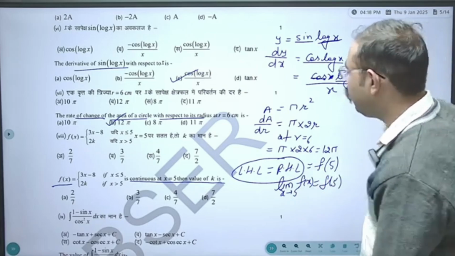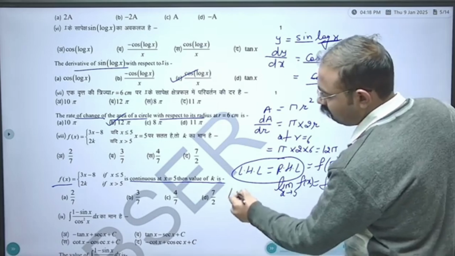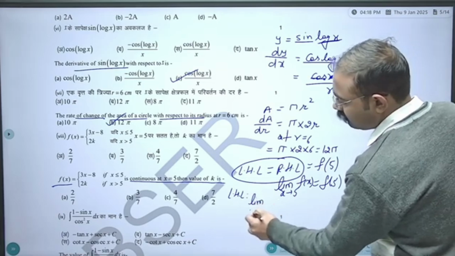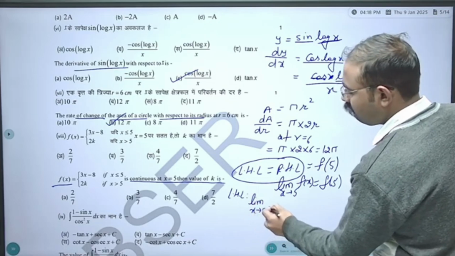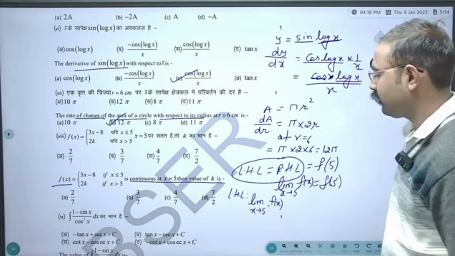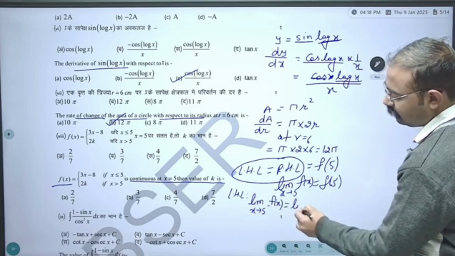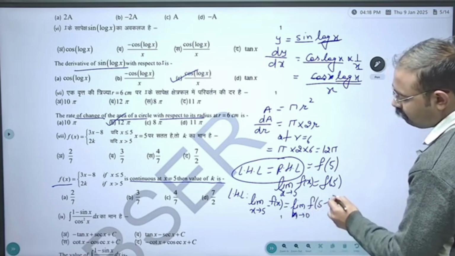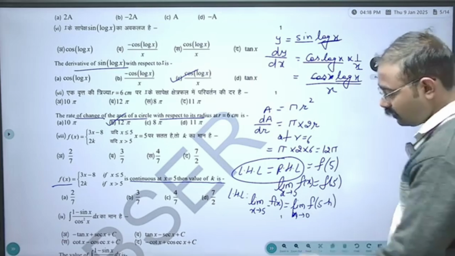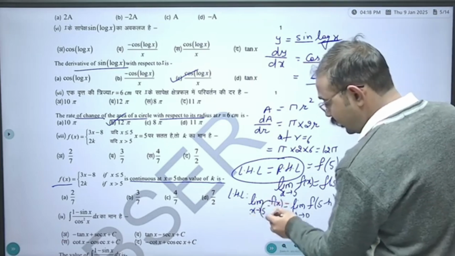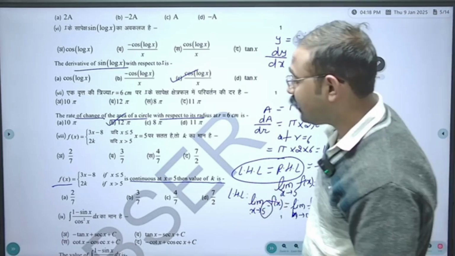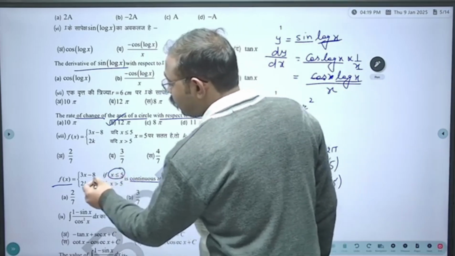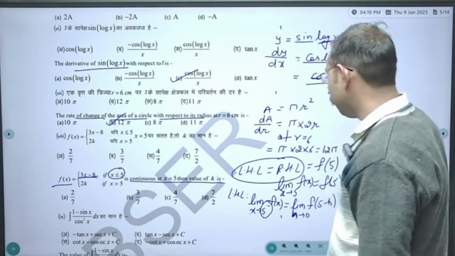Now we will find out left hand limit in this question. And what will be left hand limit? Limit x tends to 5 minus fx, or we can write limit h tends to 0 f of 5 minus h. Means value of x is less than 5, and if x is less than or equal to 5, what is our function? In this condition our function is 3x minus 8.